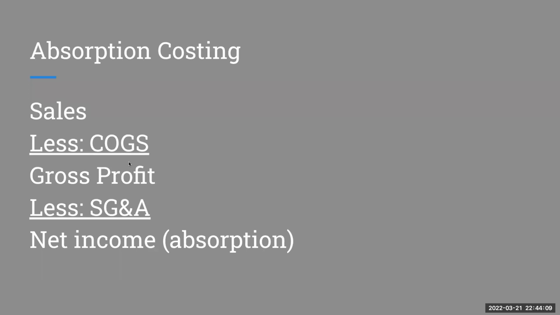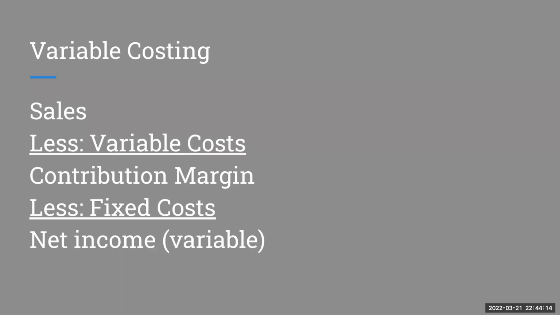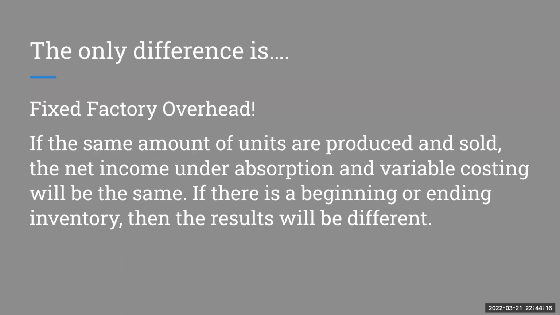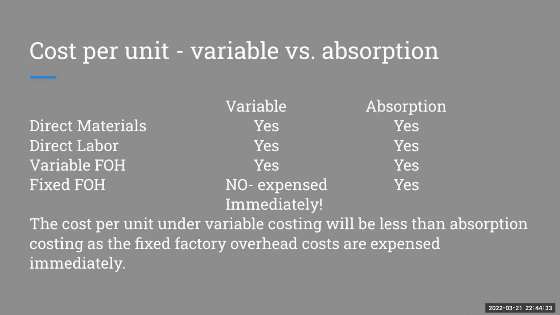So under absorption costing, when we look at our ending inventory, that fixed factory overhead is going to be lingering in there. As we go through all of the different examples we're going to be doing, what I want you to be thinking in the back of your mind is that whenever we're doing an income statement under either method, the difference is going to be fixed factory overhead.